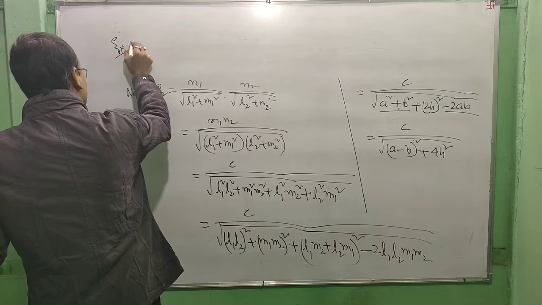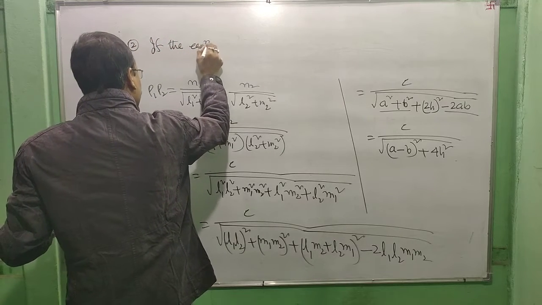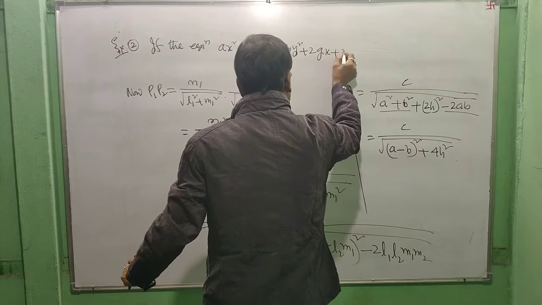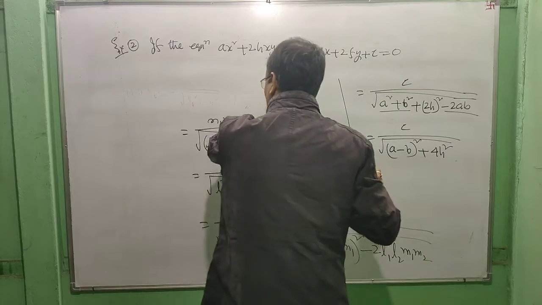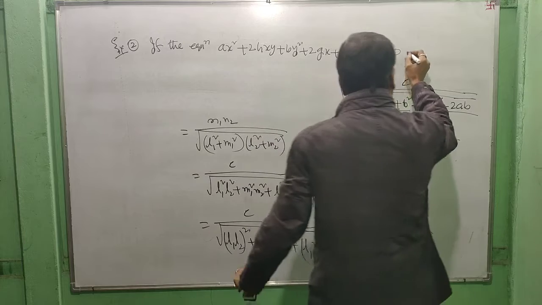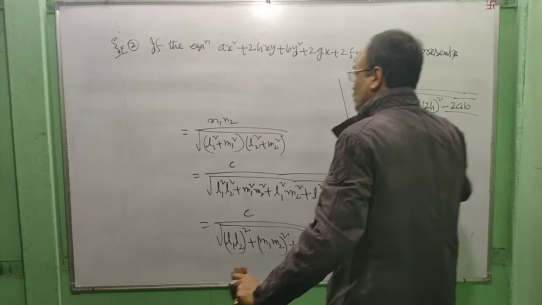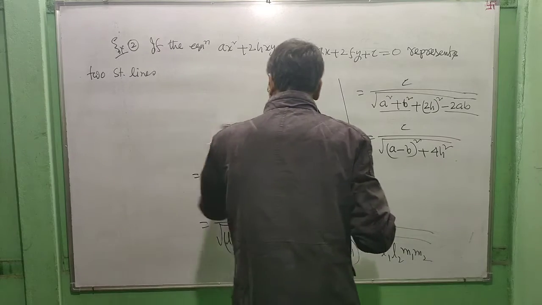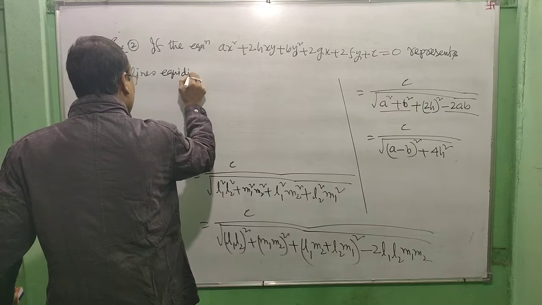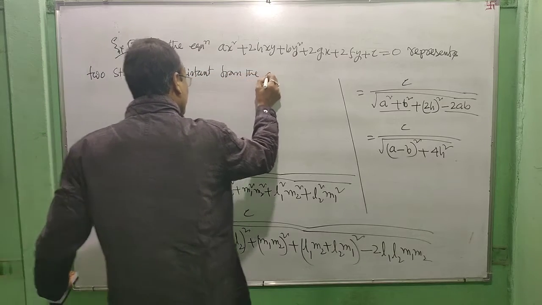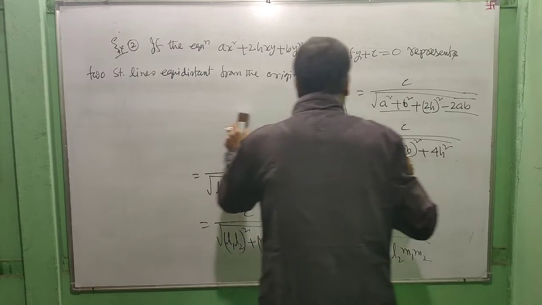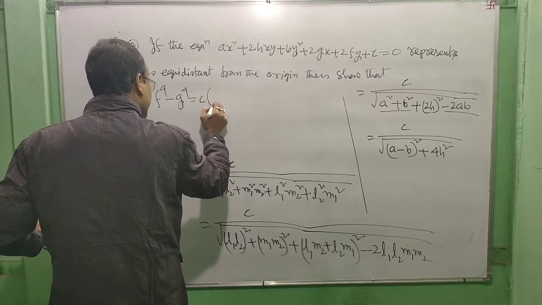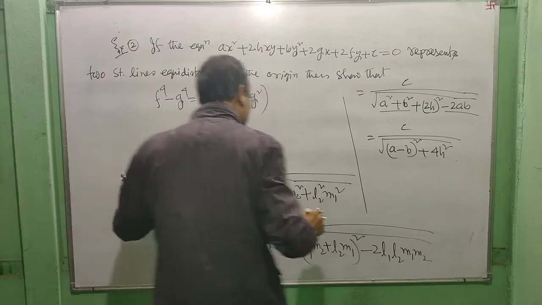Today's example number 2. If the general equation of second degree, ax square plus twice hxy plus by square plus twice gx plus twice fy plus c equal to 0, represents two straight lines, a pair of straight lines, equidistant from the origin, then show that f to the power 4 minus g to the power 4 equals c into (bf square minus ag square).